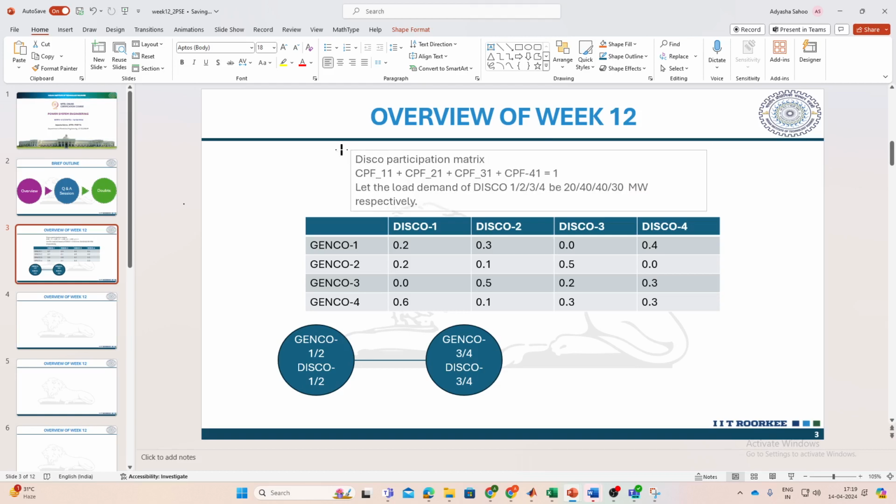This is given, so this is the data for you. From here we can calculate the power generated by each GENCO.